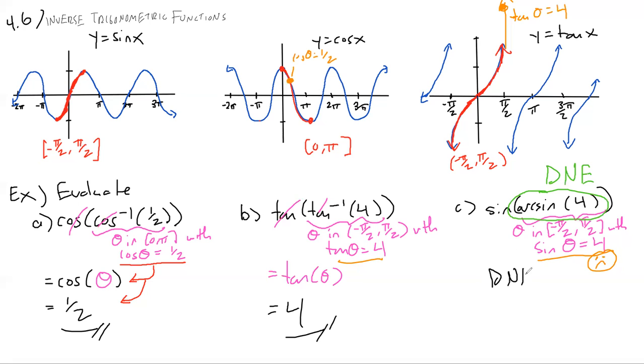This thing doesn't exist. So just in general, we will get cancellation as long as the input is in the range of the corresponding function. But again, you'll be able to figure this out by just plugging these things into a calculator.